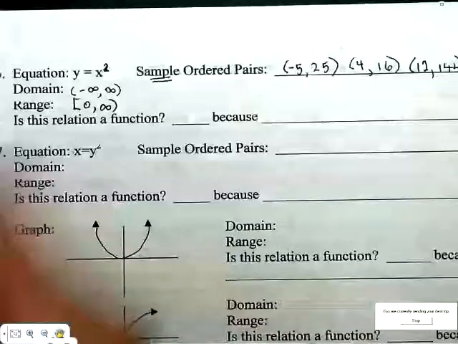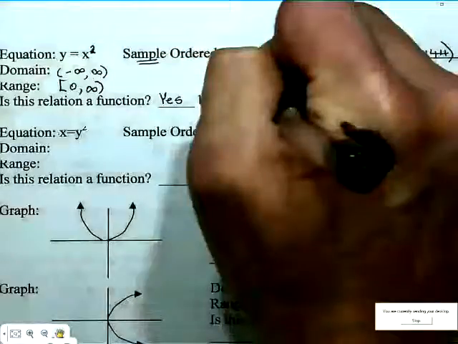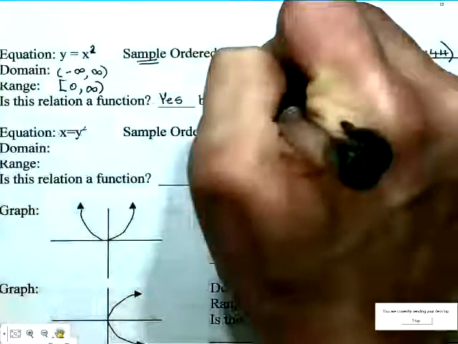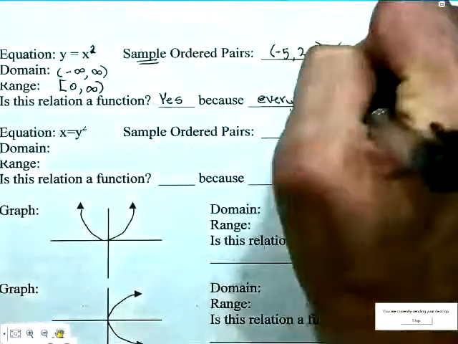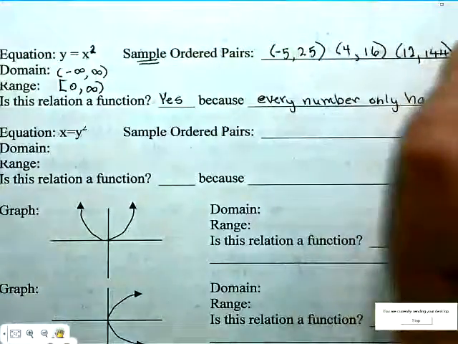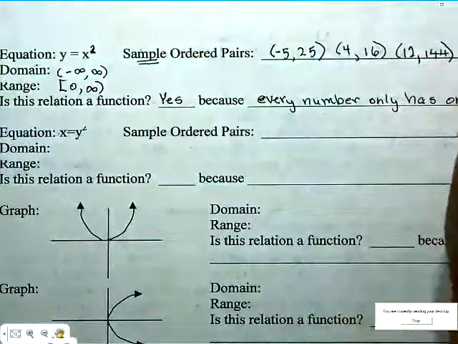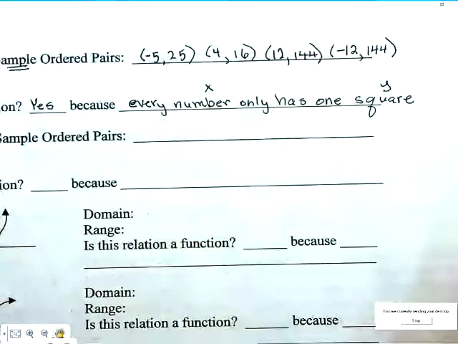So, yes, it is a function because every number only has one square. And the number is the x, and the square is the y. So each x only has one y.